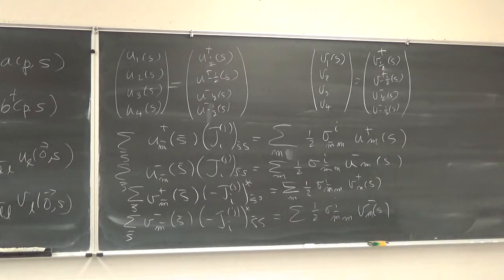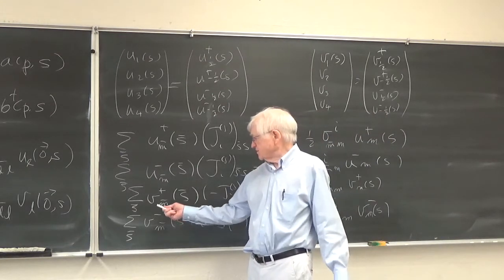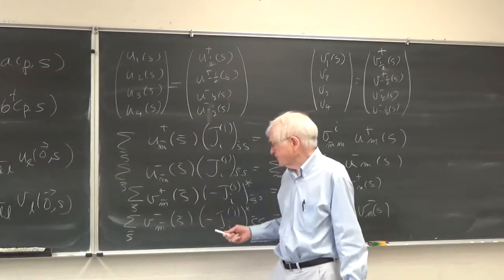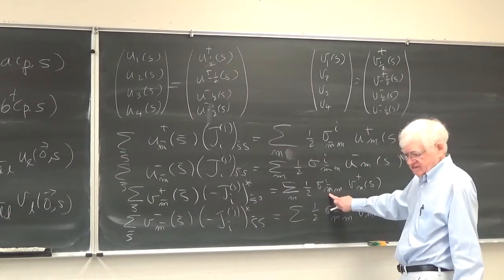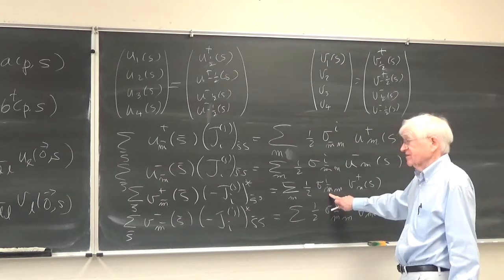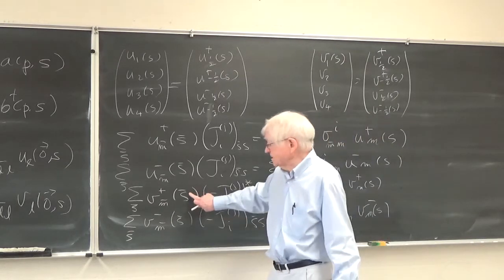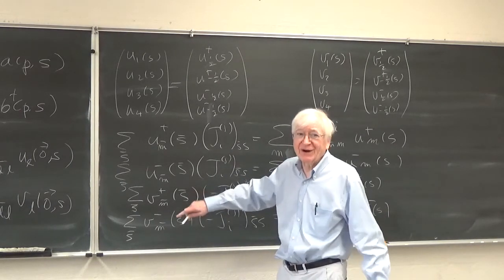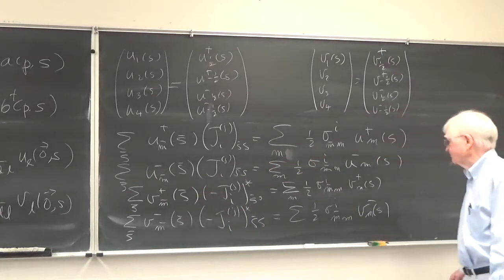Okay, now we can notice that what we've got here is a matrix. These V's can be looked at as matrices where M, being part of an index on a Pauli matrix, takes the values plus or minus a half, but where S bar takes one of 2j plus 1 values. It will turn out to be only 2, but for the moment it's 2s plus 1.